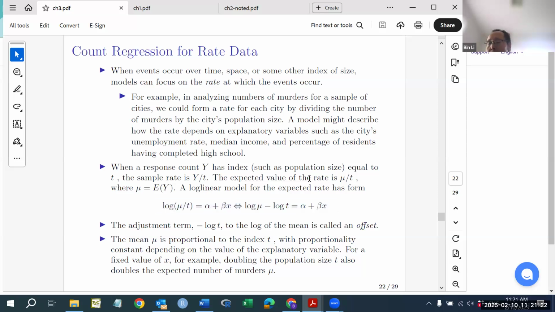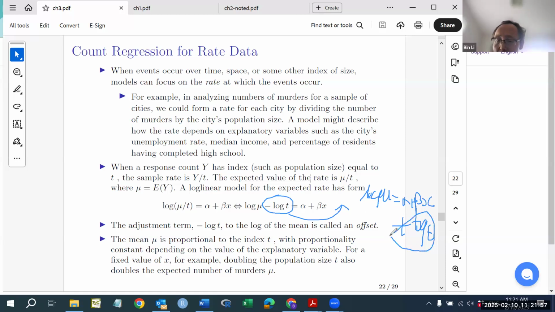So that is to model the rate, and then we have this adjustment term, the negative log T. And we can also put it on the right-hand side. Then that will be the log mu, modeled with a linear function of X, plus the log T on the right-hand side. And this log T has a name called offset.